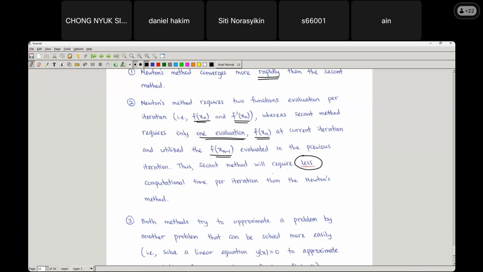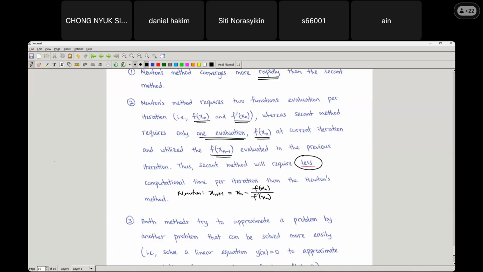Okay, so this is the thing, because you have to look at the formula for Newton's method. So for Newton's method, the formula is x(n+1) equal to xn minus f(xn) over f prime(xn). Please correct me if I wrote the formula wrongly. But for the secant method, I can't remember.